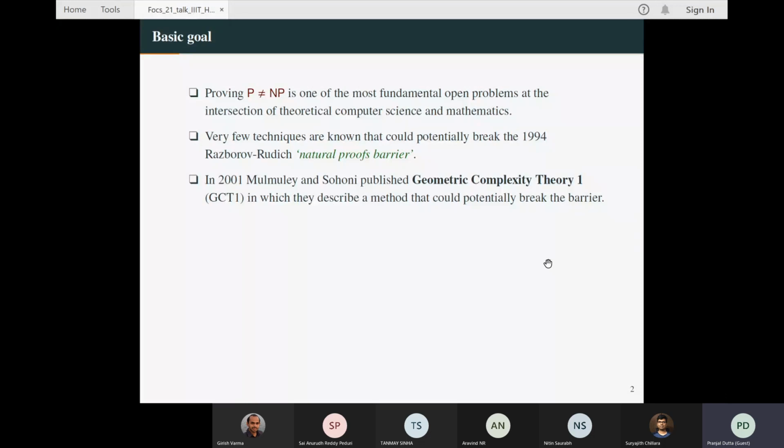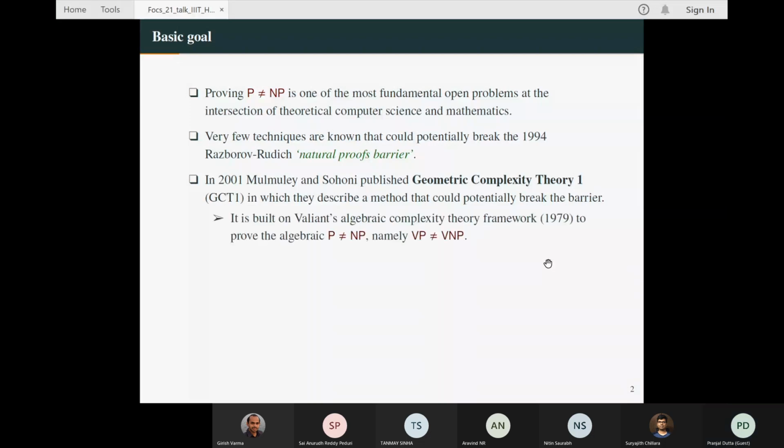Towards the middle of the talk, I'll slightly go through the reason why it can break the barrier, to give you the intuition and why GCT could be an interesting aspect to look into for proving P not equal to NP. They came up with GCT1, and this was built on Valiant's algebraic complexity theory framework, which is VP not equal to VNP.